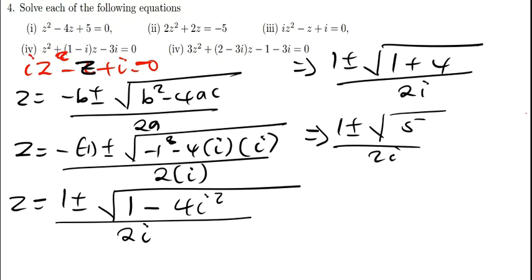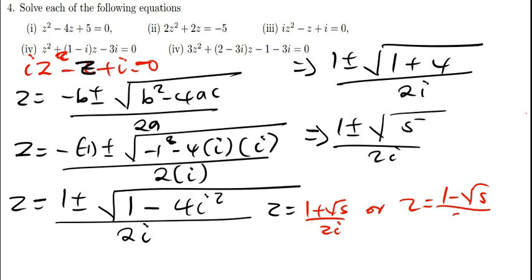The square root of 5, unless I use a calculator, but in this case we're not allowed to use a calculator, so I'll leave it the way it is. Meaning I have z to be equal to 1 plus the root of 5 divided by 2i, or z is equal to 1 minus the root of 5 divided by 2i.